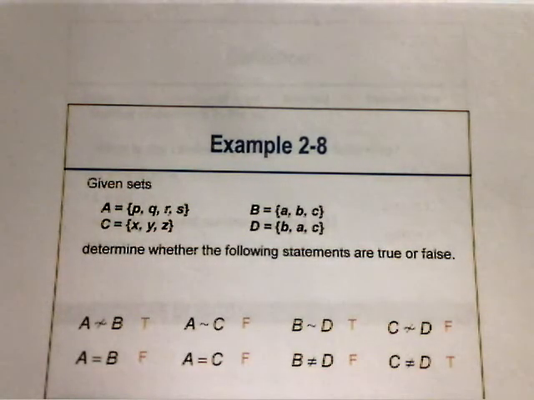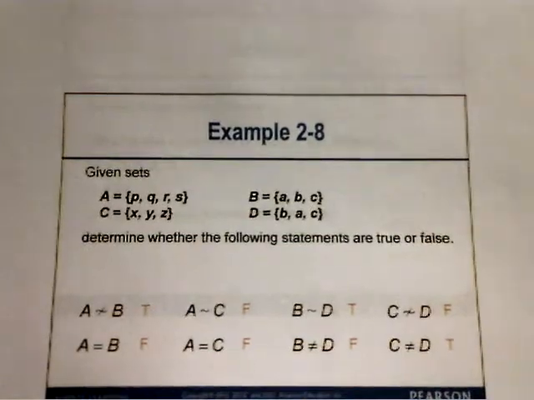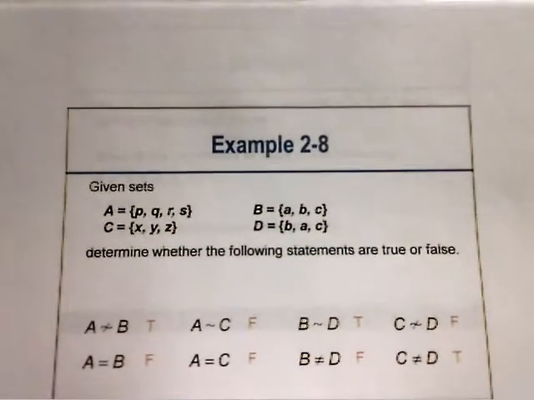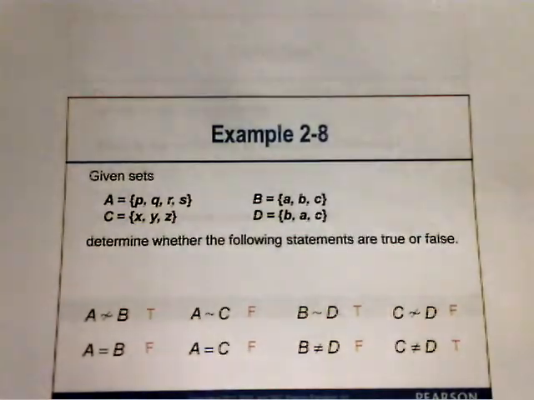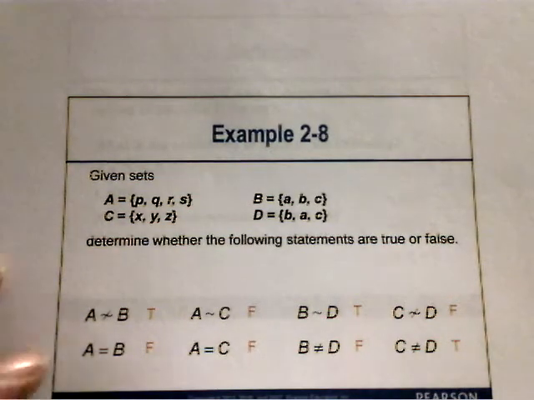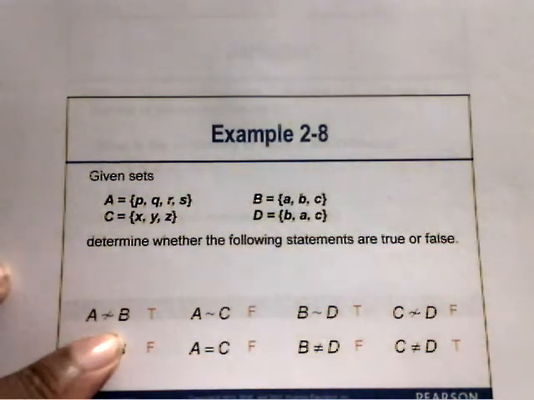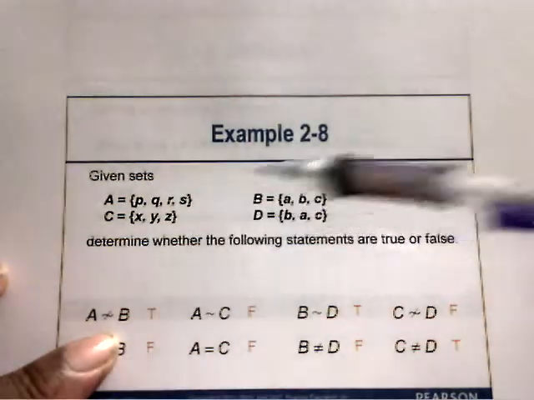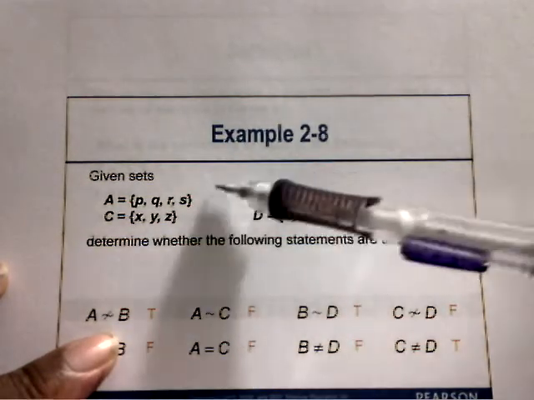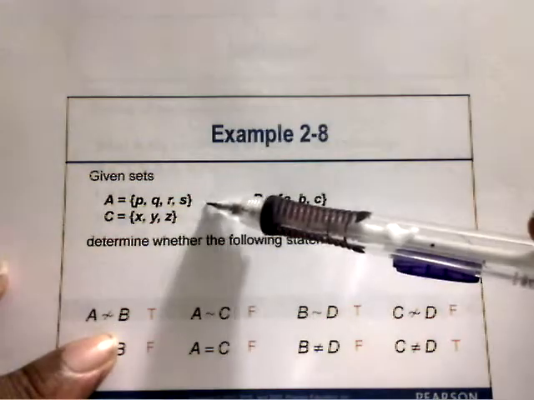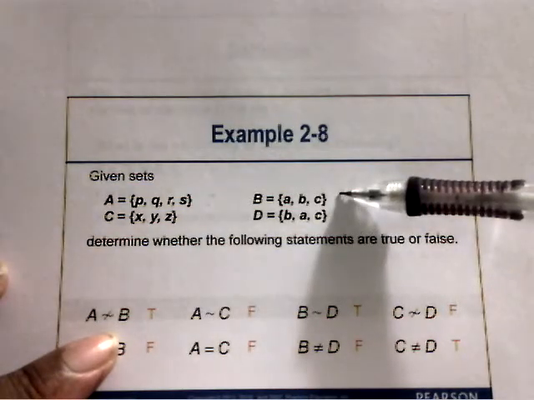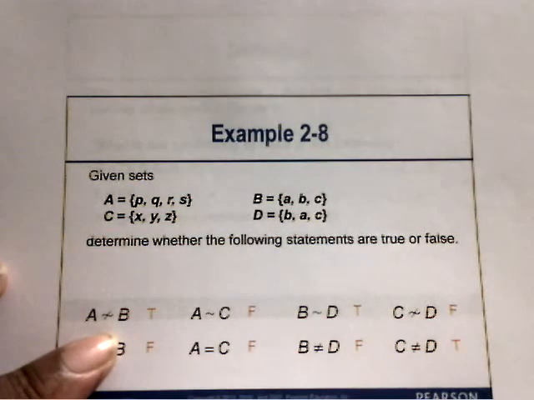Here's some examples here. Given sets A, which is {P, Q, R, S}, B, which is {A, B, C}, C, which is {X, Y, Z}, and D, which is {B, A, C}. Determine whether the following statements are true or false. In this case here, A is not equivalent to B. Take a look at A and take a look at B. Those are not equivalent because I can't come up with a one-to-one correspondence for those sets.